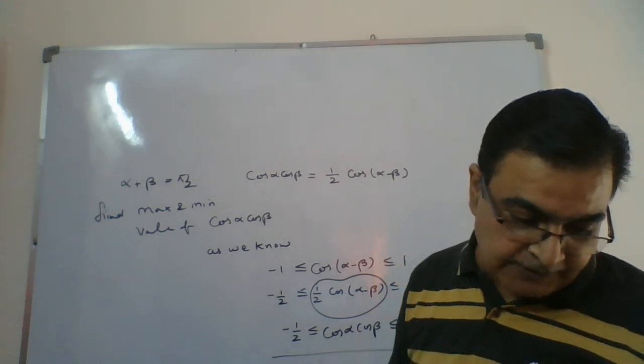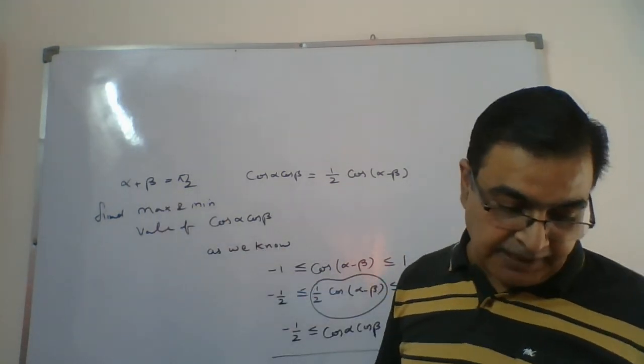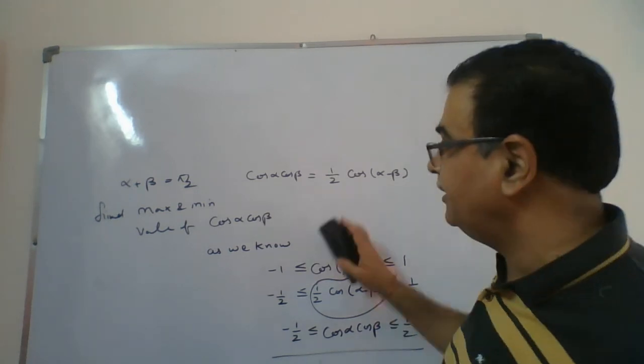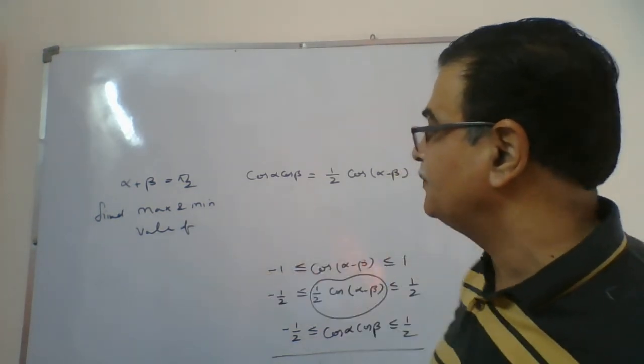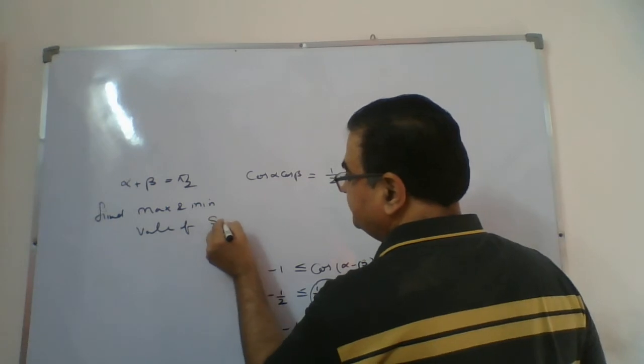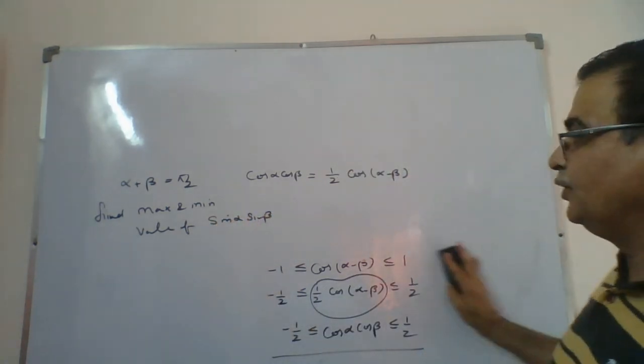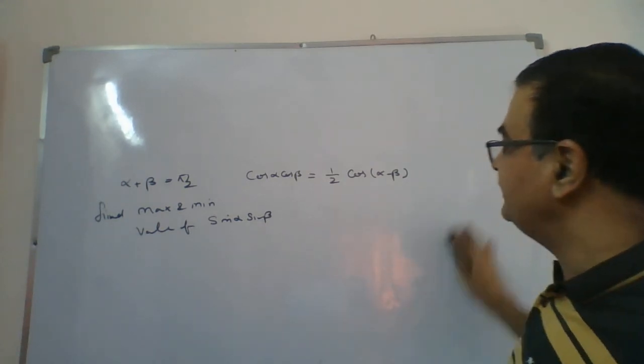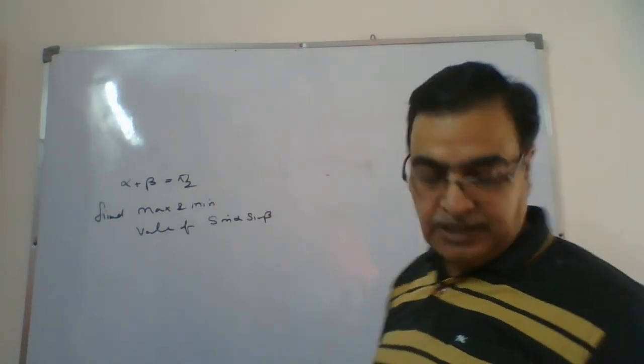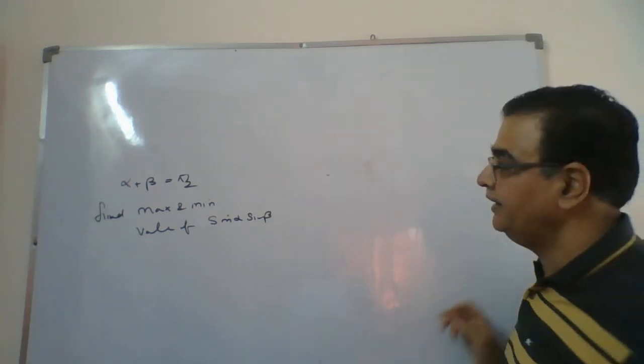One more question like this. Alpha plus beta is 90. Then find the maximum and minimum value of sine alpha sine beta. We want this value. When they say sine alpha sine beta, again we'll start with 2 multiplied and 2 divided.